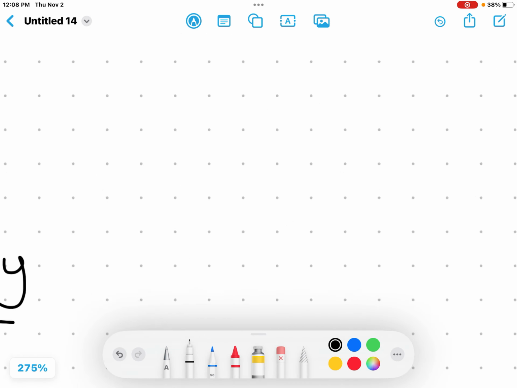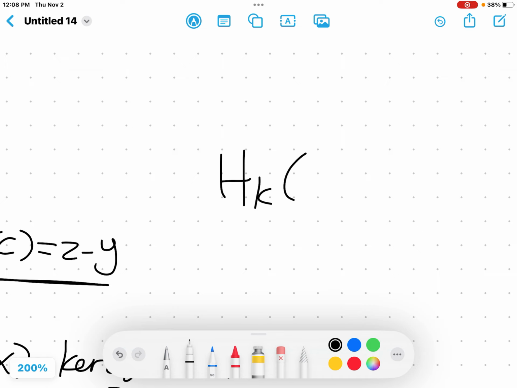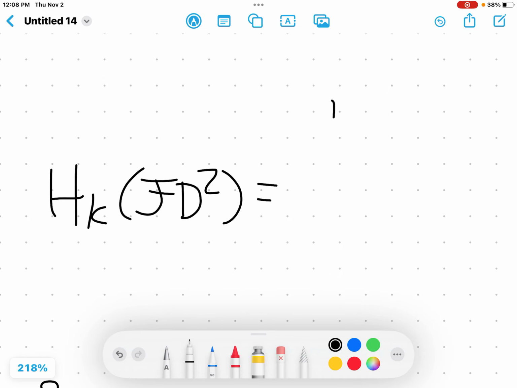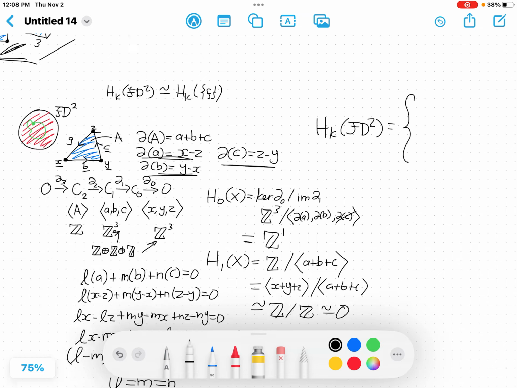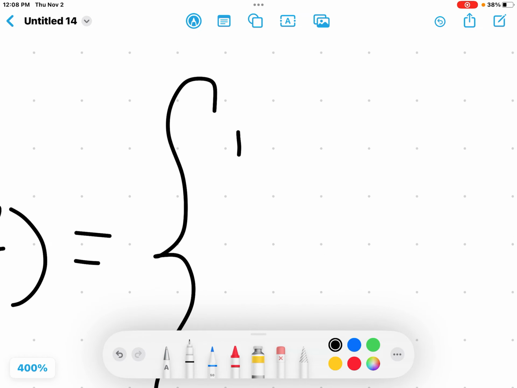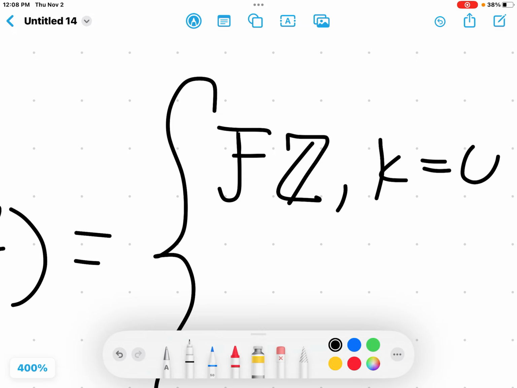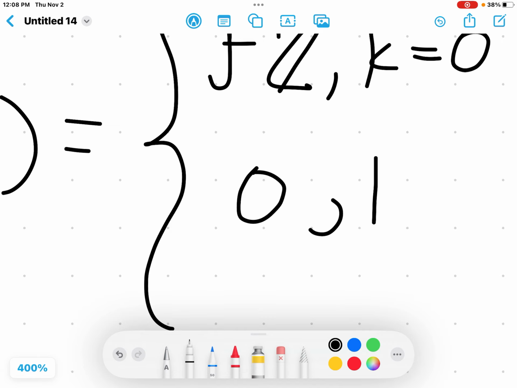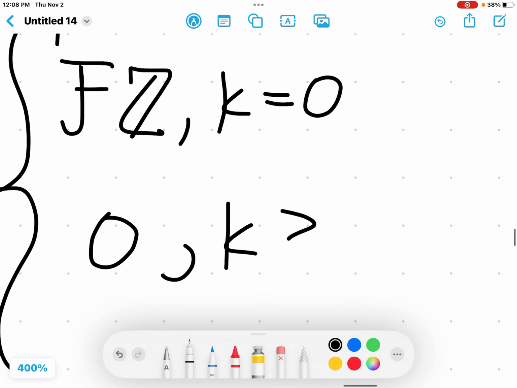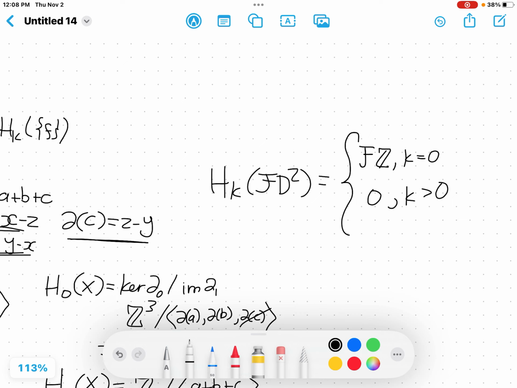So we can say that HK of our FD2 is, usually homology groups are defined piecewise because we have multiple values for K. So it is Z for K equals 0 because it's path connected, and it is 0 for K greater than 0. And this is actually true for every contractible space.